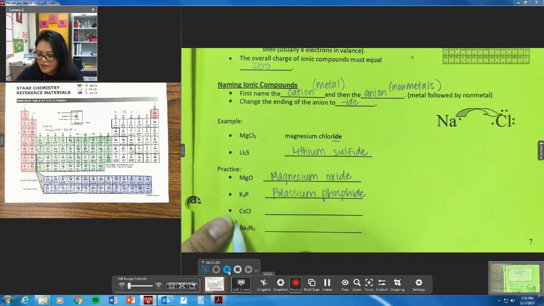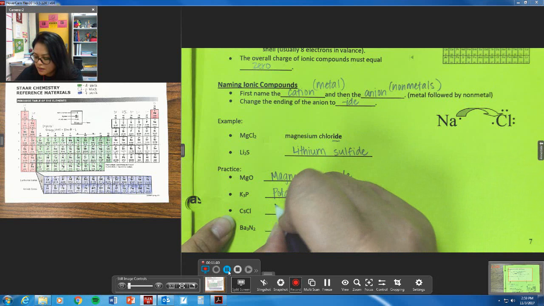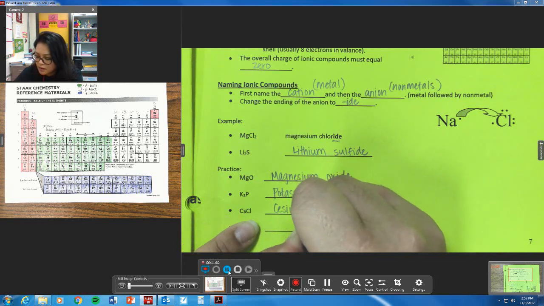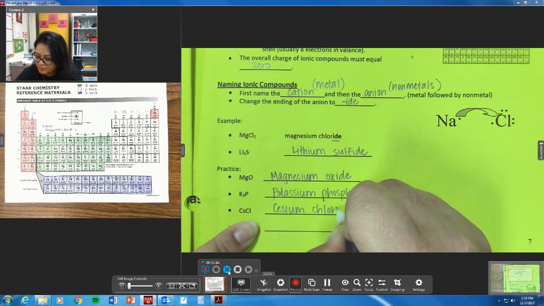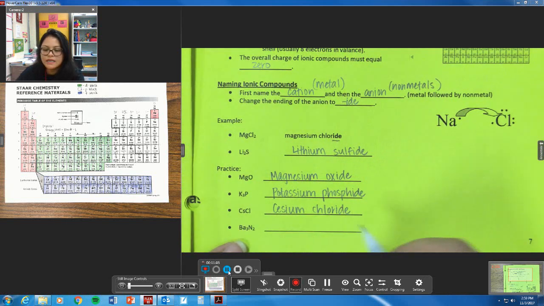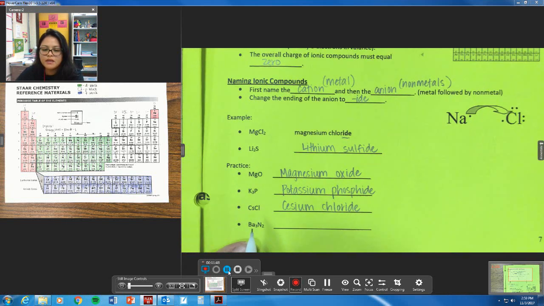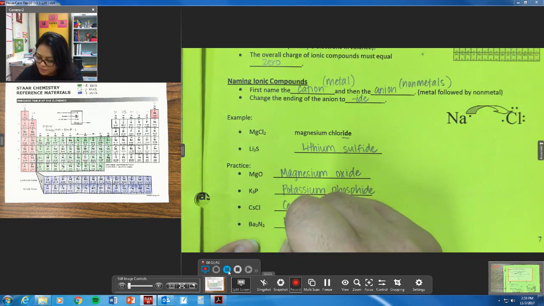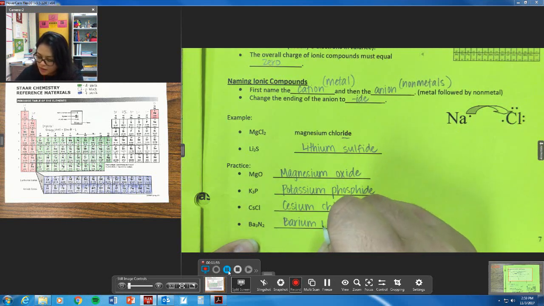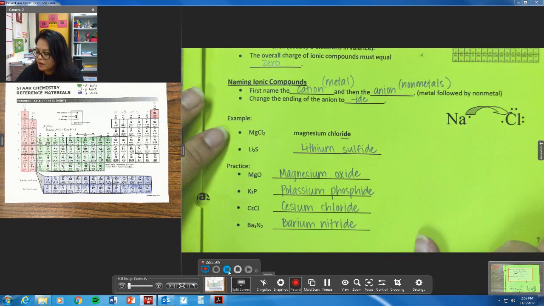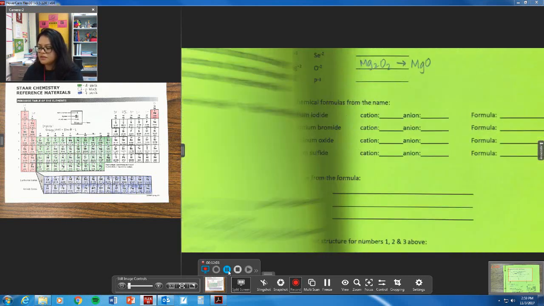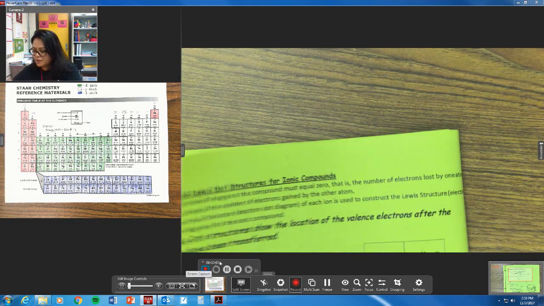The next one, we have cesium and chlorine, so the name would be cesium chloride. And the last one, we have barium and nitrogen, so that would be barium nitride. All right, moving on to the next page.